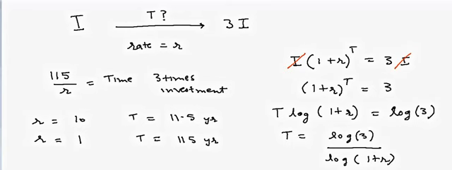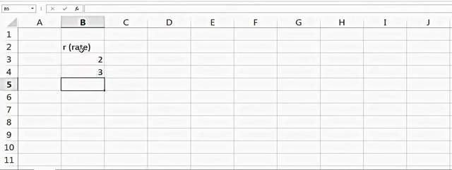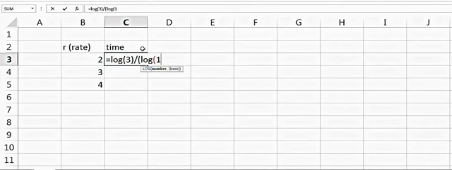So let's try to solve this equation in Excel. If I go to Excel, suppose R is my rate, and the rate varies from 2, 3, 4, and our time will be equal to log of 3 divided by log of 1 plus rate.